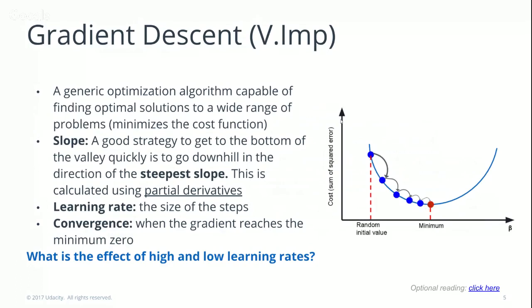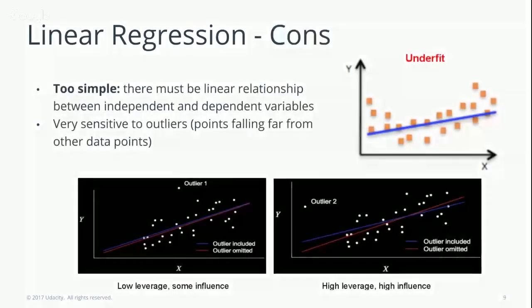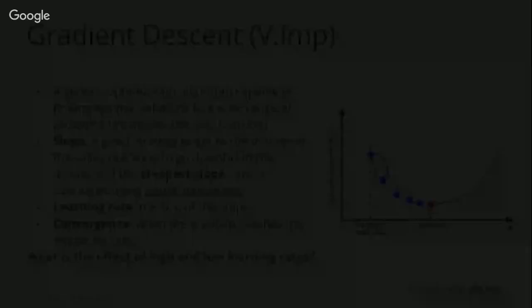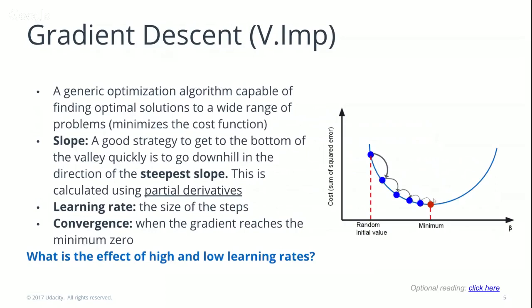But if it were not parabolic in shape, but more complex, such that there were multiple minimum points, each of those points where you can minimize the error would be considered a local minimum. But the lowest point would be the global minimum, if that makes sense.